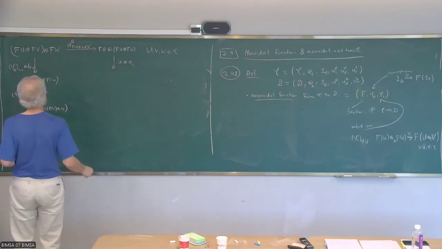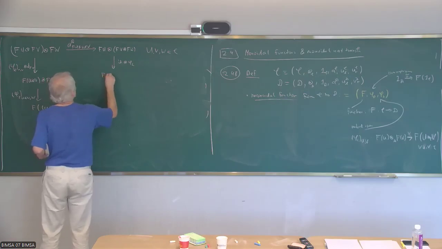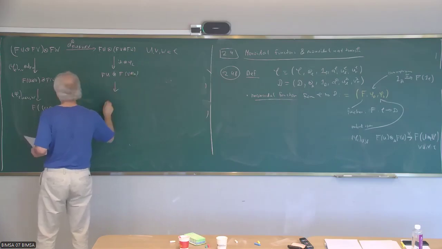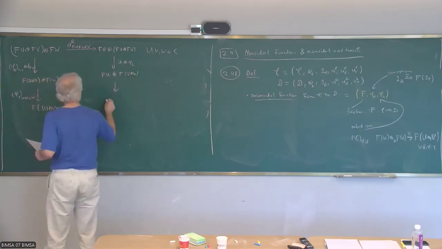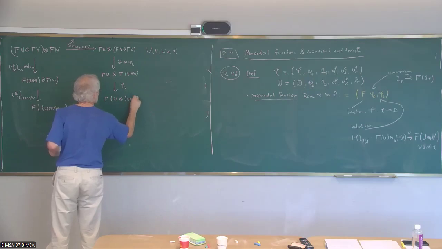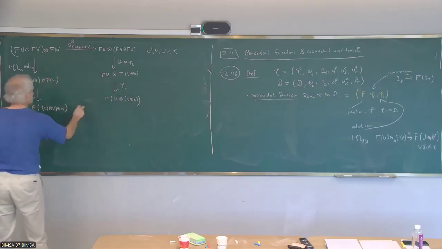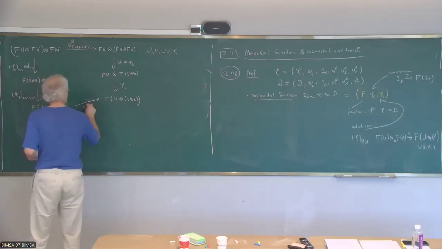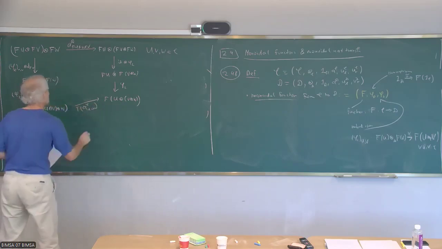I don't write the labels because it should be clear, to get to Fu tensor F of v tensor w, and then in the second step via phi 2 to get to F of u tensor v tensor w. And then if I compare these two, they differ by the associator in C for u, v, w applied to it.